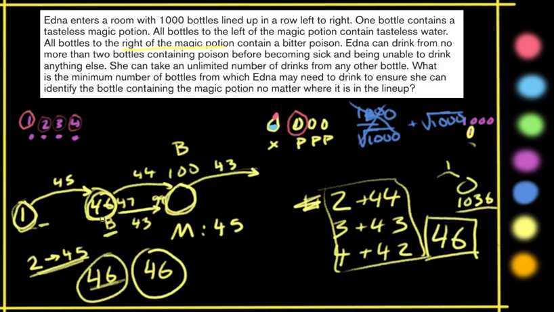Oh, actually, you know what you can do? You don't even need to taste bottle 1. You can skip right to 45, right? Yeah, you don't need to taste bottle 1. So you skip right to 45, and that means you only have to go back and taste 1 through 44.